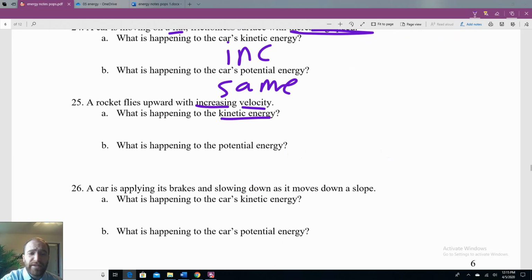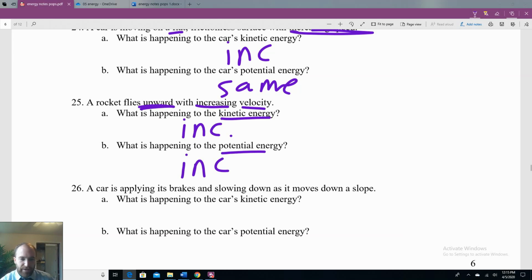It sounds like it's increasing, getting faster. So what's happening to kinetic energy? It's increasing. Because, again, I just told you that the velocity is getting faster, and that's how you'd know. For potential energy, remember, that's related to height. So if we're flying upwards, I think our height's going up. So our potential energy is going up.